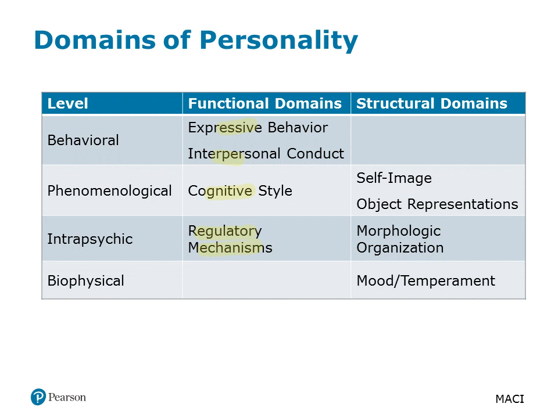The remaining 4 domains are considered structural domains. They are self-image, object representations, morphologic organization, and mood and temperament. And these are relatively permanent or semi-permanent characteristics, and for that reason, they are described as structural.